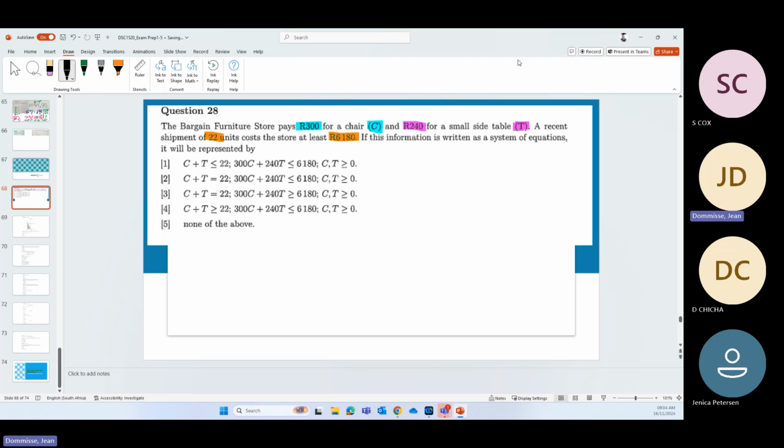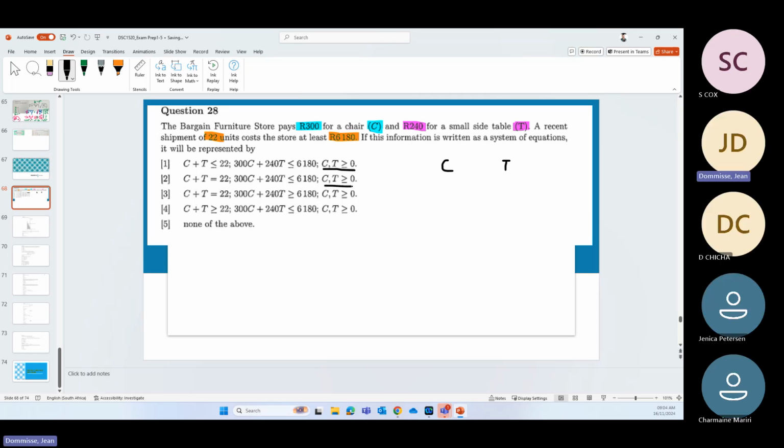So we've got chairs, we've got tables. The first thing to know is that when we create chairs and tables, all of them will be 0 or bigger. So that is the first thing I will look at, to check if any of those formulas is different.